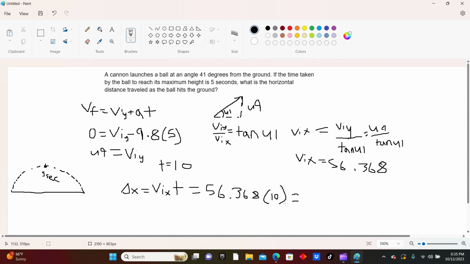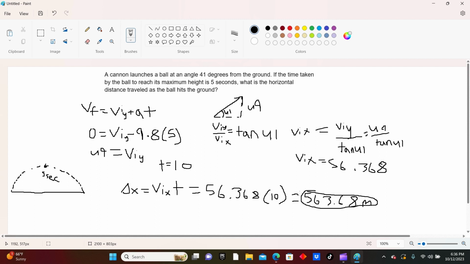And this equals, if you plug into a calculator, or if you just move the decimal point 1 over, you get 563.68 meters. So yeah, that is your final answer.